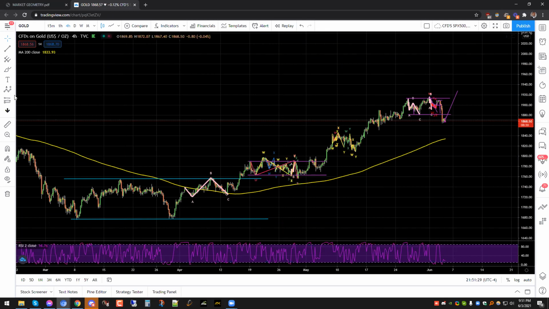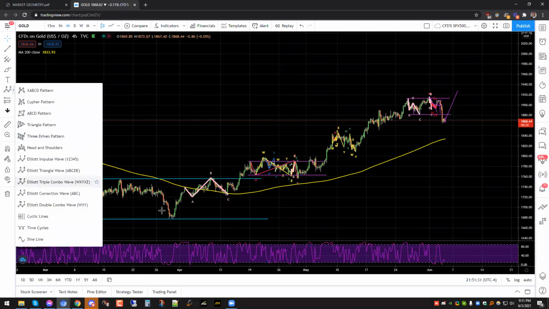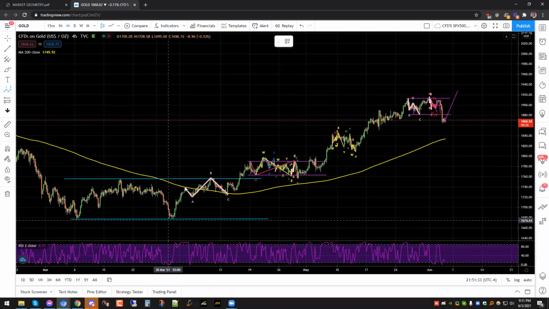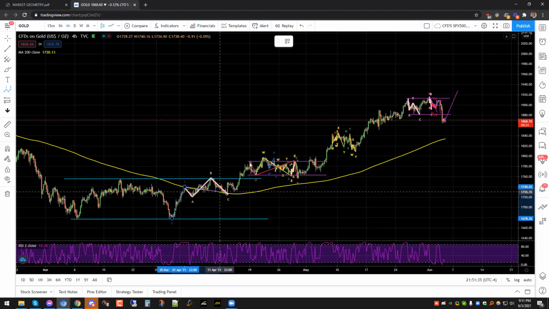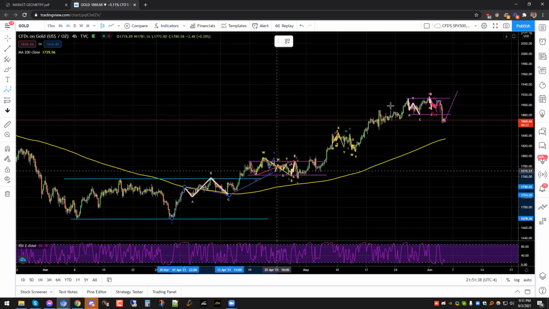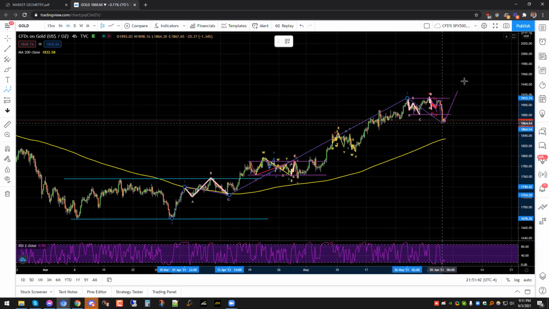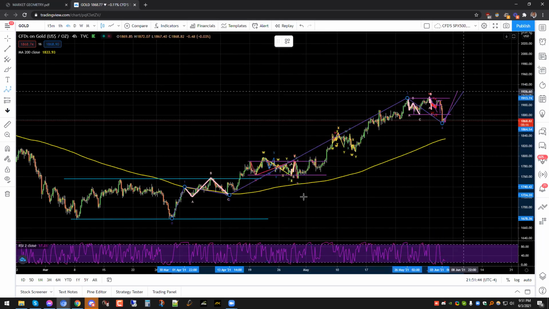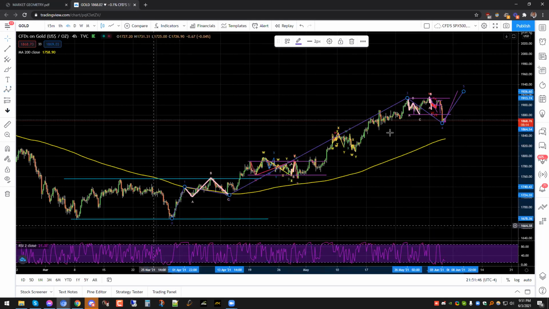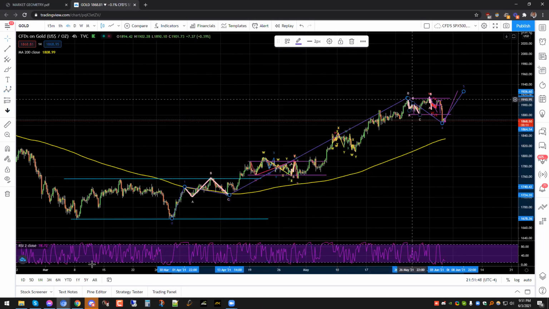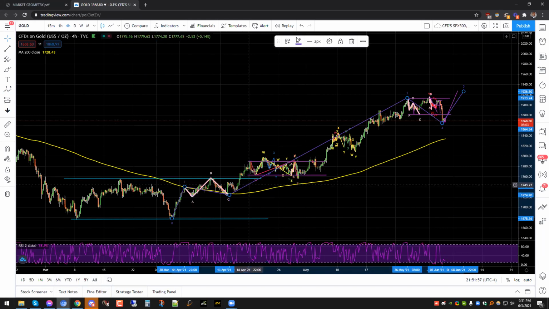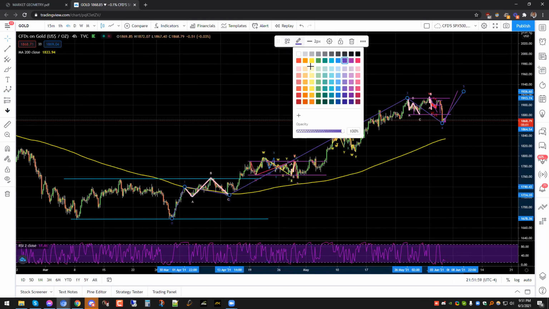So this wave would simply be labeled like this: 1, 2, 3, 4, 5. This is wave four, potentially, and this is wave five coming here. Wave one, let me just change the color, make it a bit brighter for you.